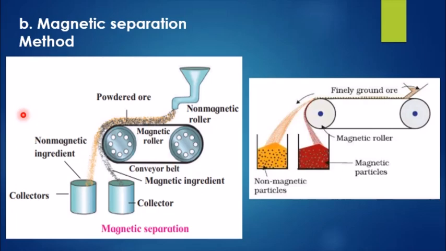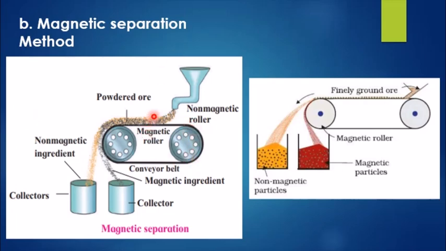At the same time, the particles which are magnetic stick to the magnetic roller and therefore fall into the magnetic collector which we have kept near here.